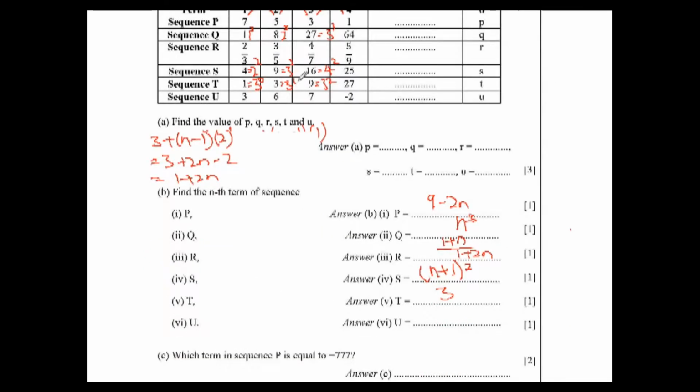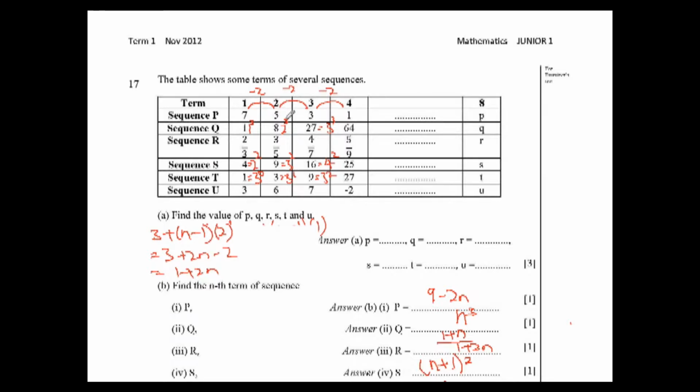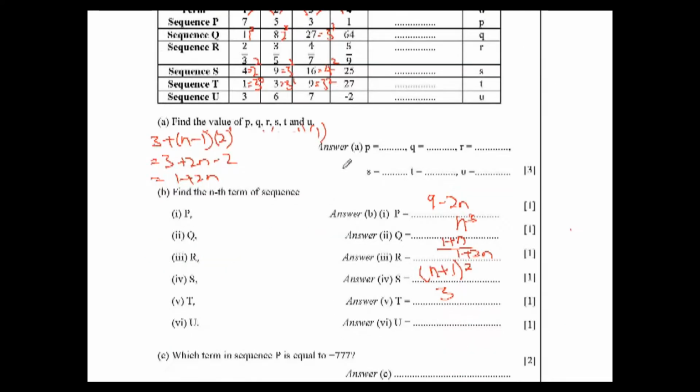And for the second term, the power is 1, which is 1 less than the n number 2. So from here we can conclude that for the nth term, the power should be 1 less than n, which is equal to n minus 1.